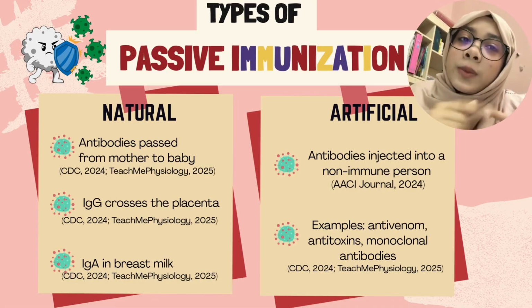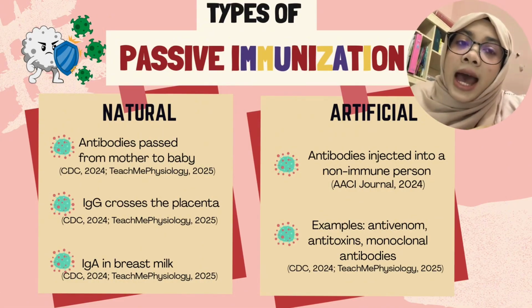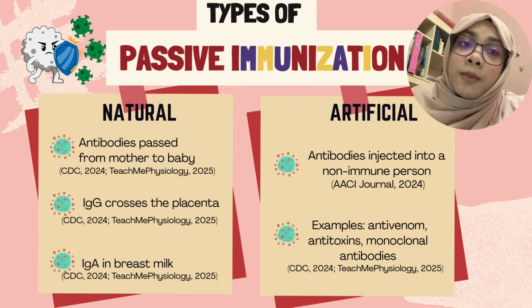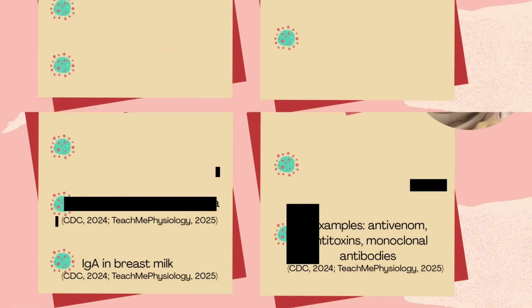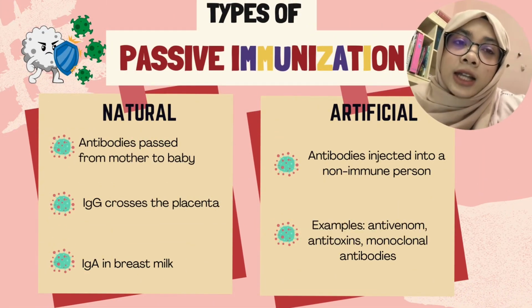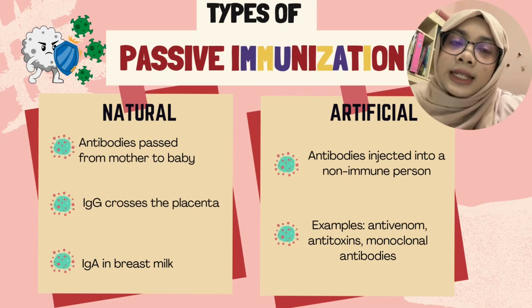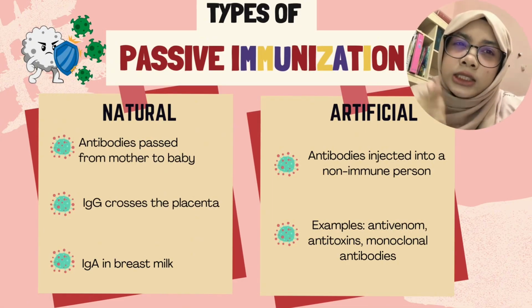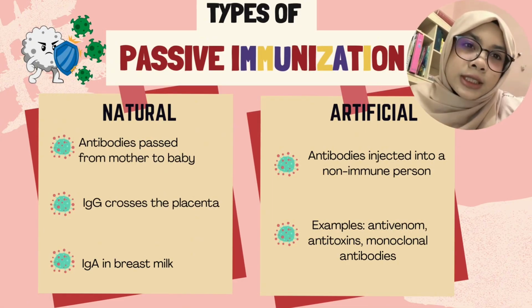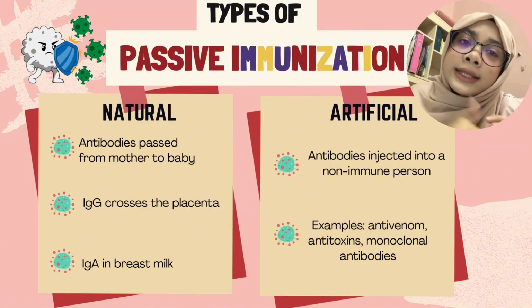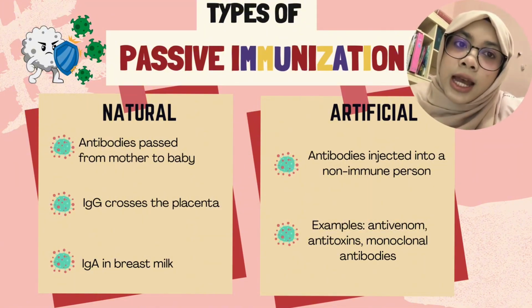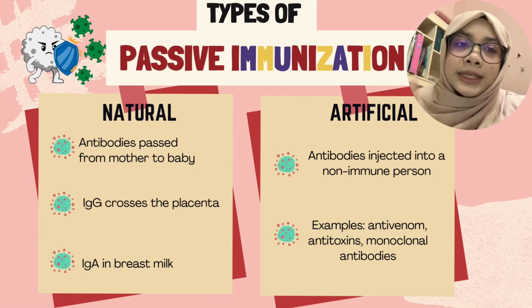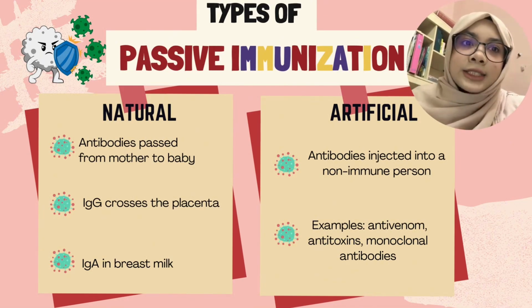And next, after the birth process, IgE antibodies in the mother's breast milk will help protect the baby's digestive and respiratory system. And next, for artificial passive immunity, it occurs when antibodies are injected into a non-immune person. The examples include anti-venom, antitoxins, and monoclonal antibodies. This method is used in emergency situations and will provide instant protection.